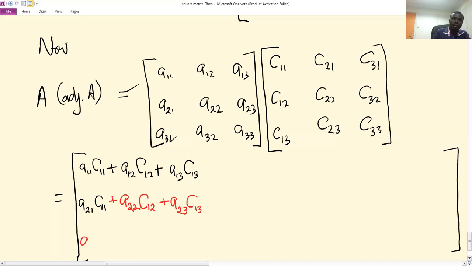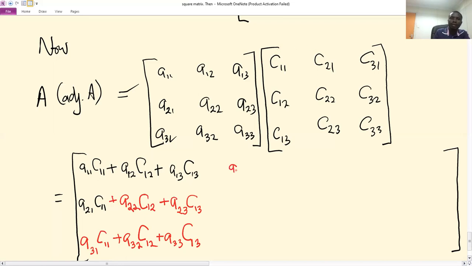Then here we'll have A31 C11 plus A32 C12 plus A33 C13.